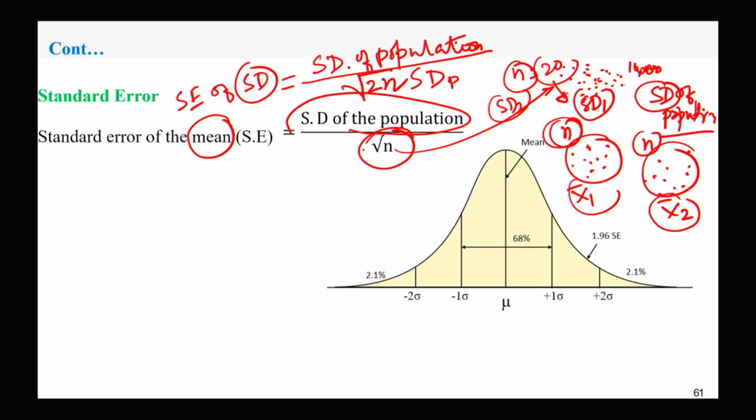In the case of the mean, it's the square root of n. In the case of the standard error of the standard deviation, it will be the square root of 2n. That's the only difference. Statistically, one can go through the literature books. It's there. We are not going to discuss these derivations.